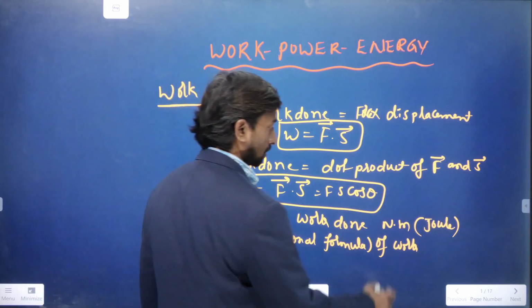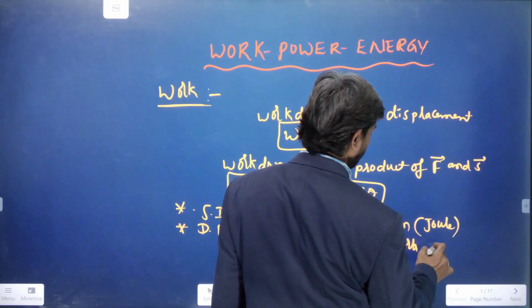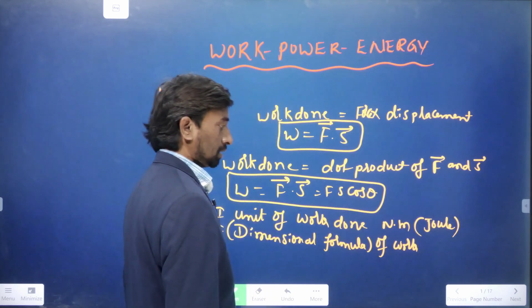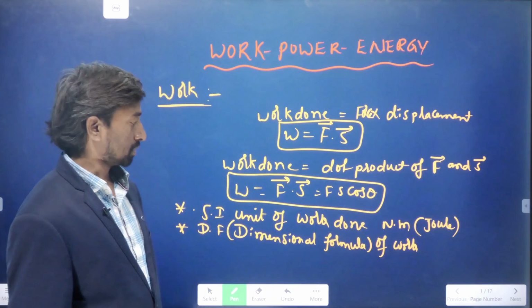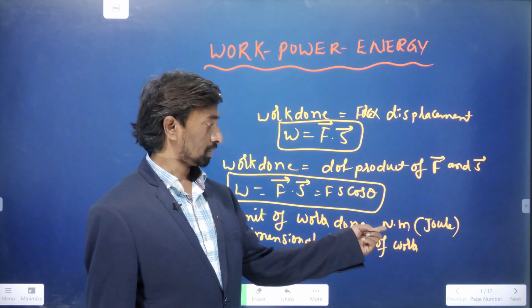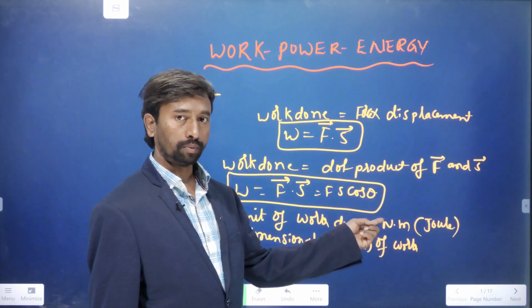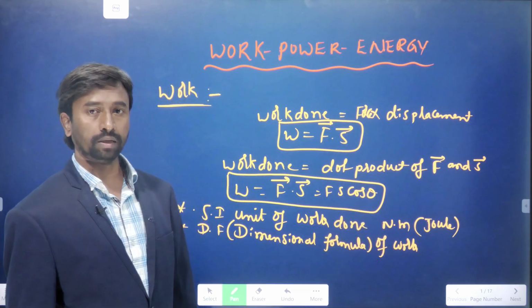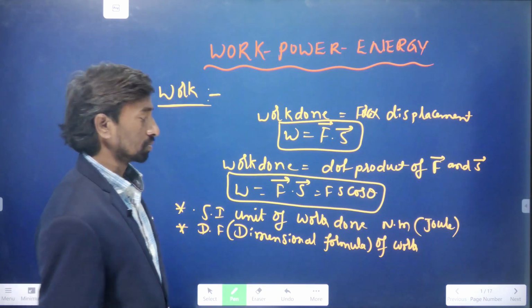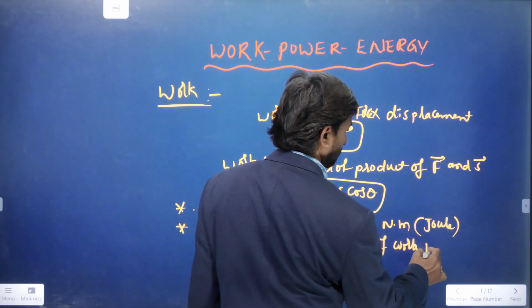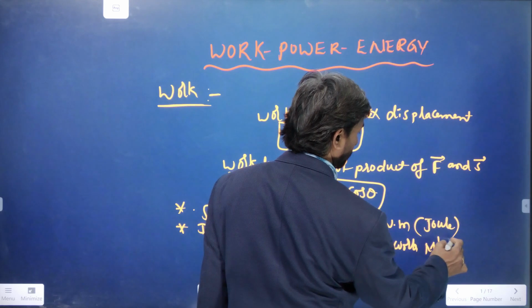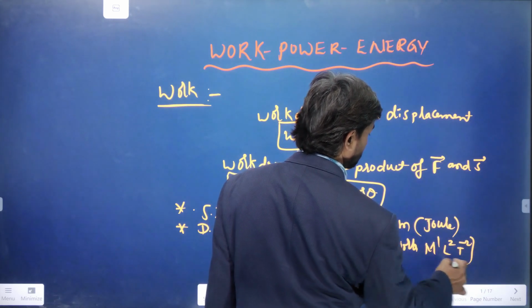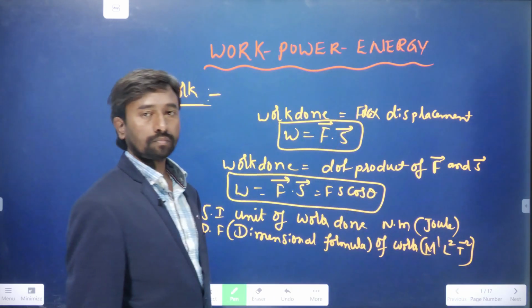From the SI unit, Newton is kg meter per second square, and multiplying by meter gives kg meter square per second square. So we can write M power 1, L power 2, T power minus 2. This will be the dimensional formula of work done.